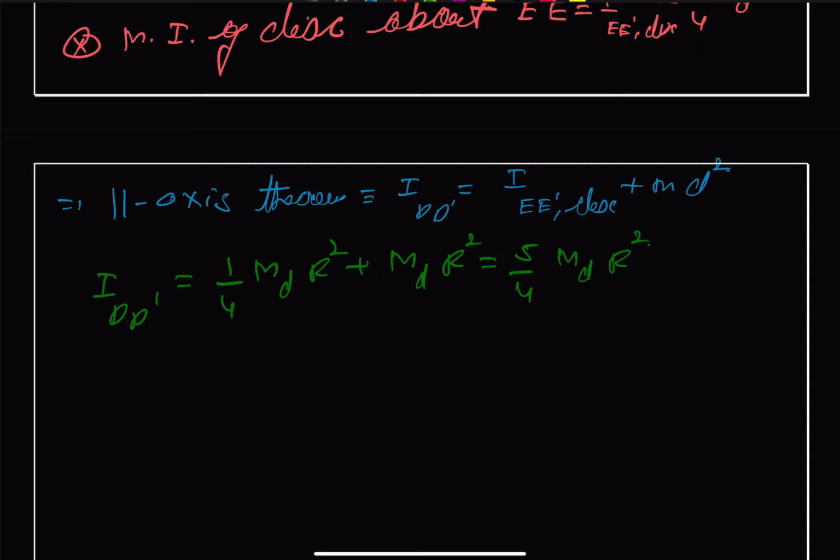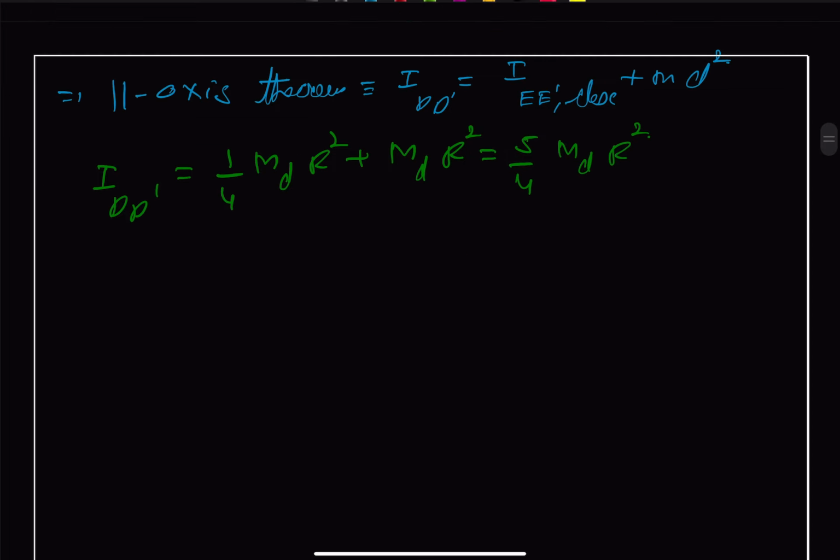The mass of the disk is given to us as 4. Therefore the moment of inertia for the disk about the tangent, which is DD prime, will be equal to 5/4 multiplied by 4 times r square. The 4 goes away, and this comes as 5r square.